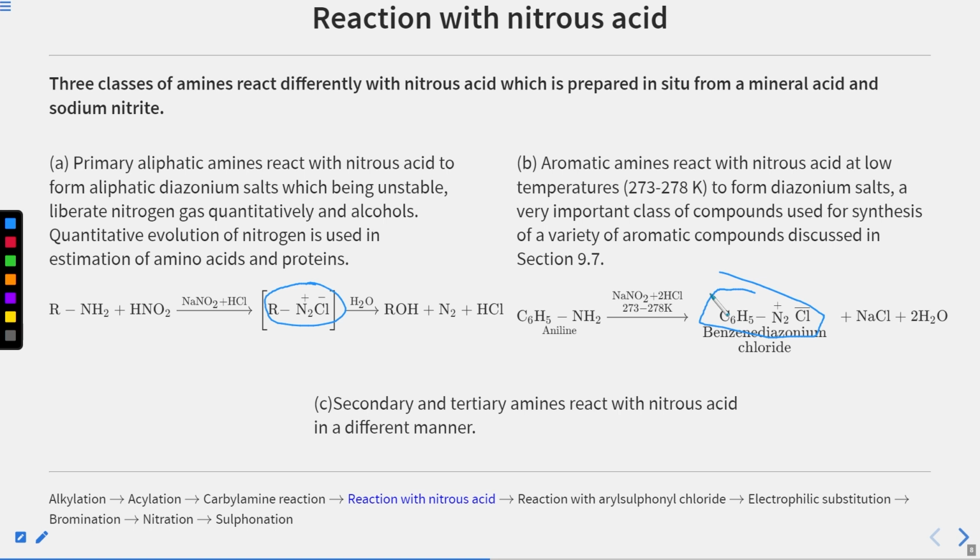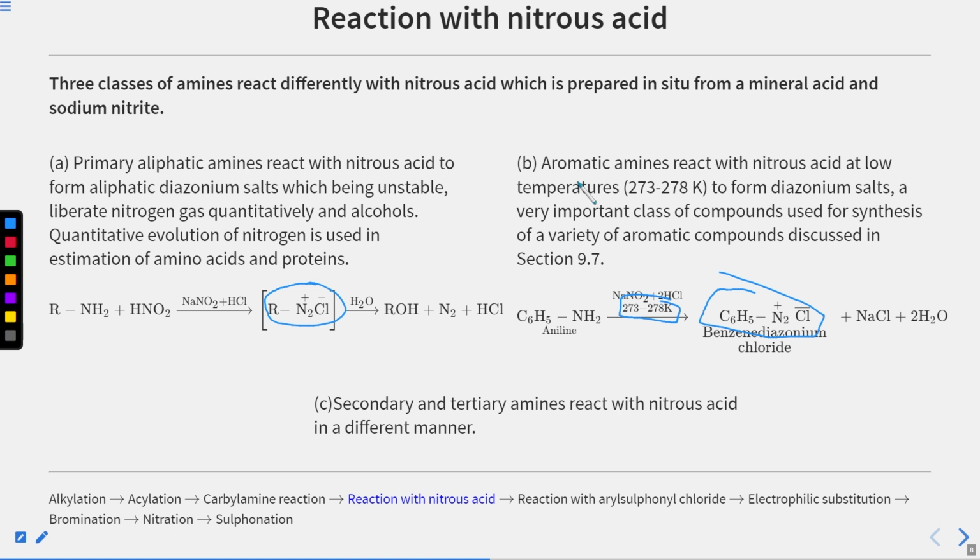Now the difference between the reaction of primary and aromatic amine is that the primary amine reacts with NaNO2 and HCl at any temperature, while in the case of aniline we have to provide a temperature near 273 to 278 K.